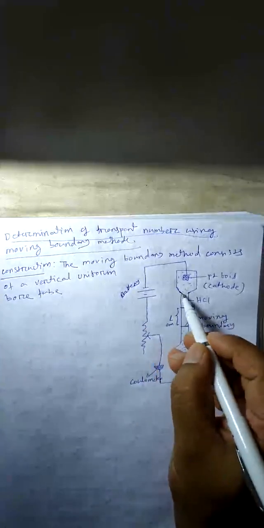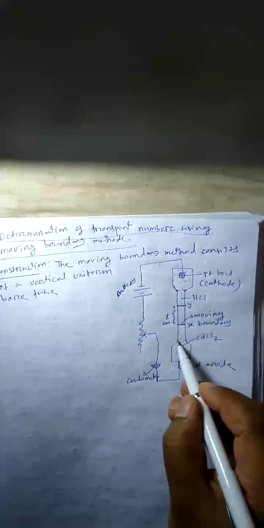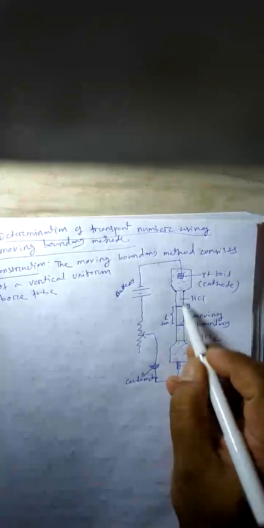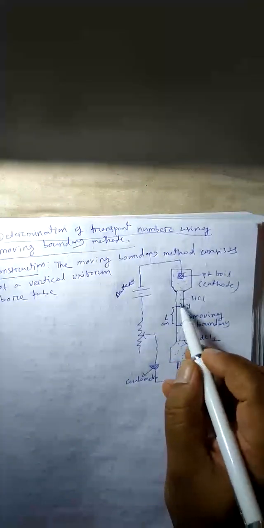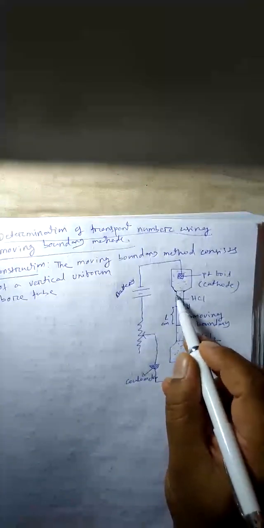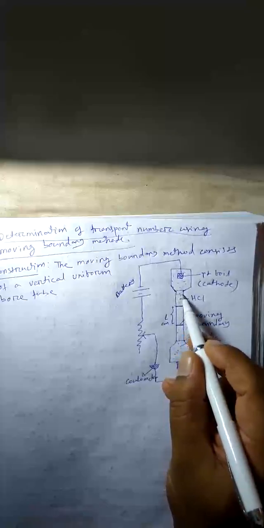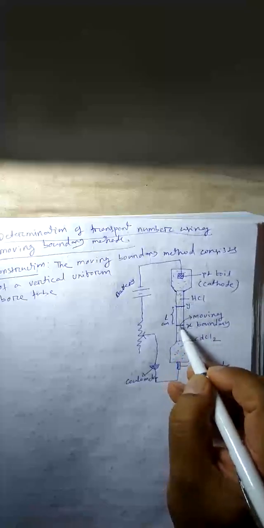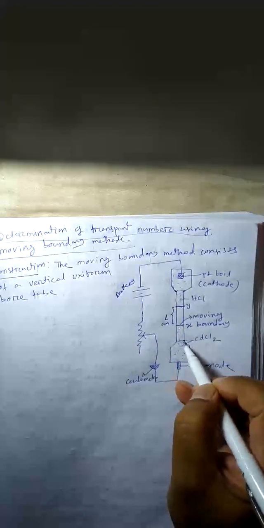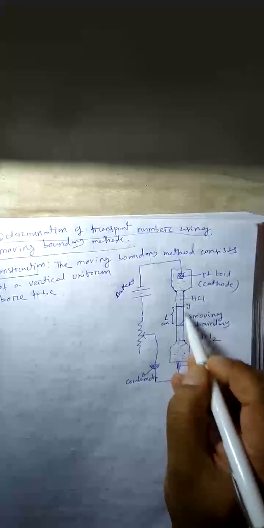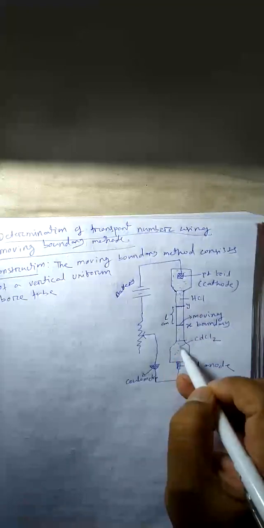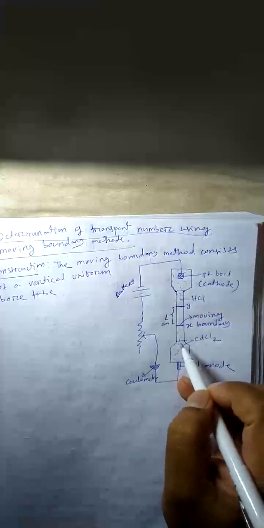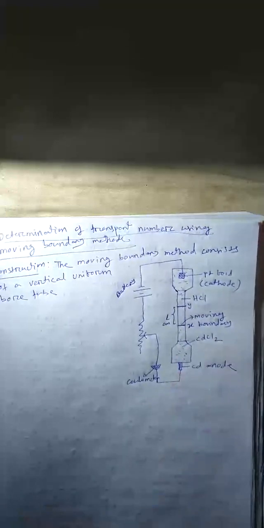This is kept in a vertical position, which is why it is called a vertical uniform bore tube. The bore is uniform: the distance from this to this is the same here, and the same here also. This distance is the same everywhere, which is why it is called a uniform bore tube.